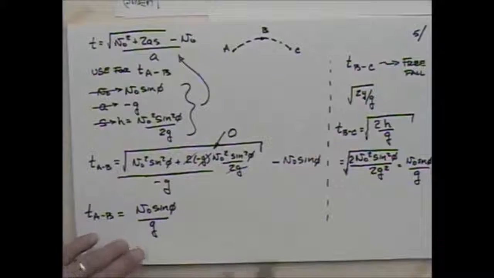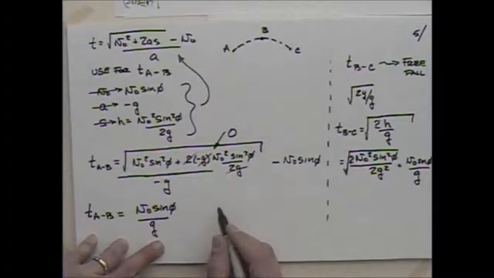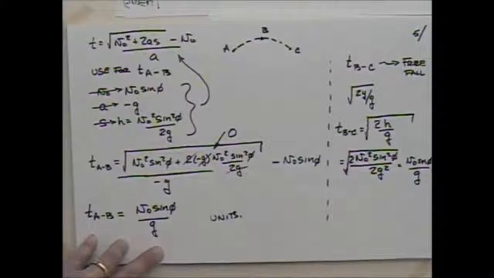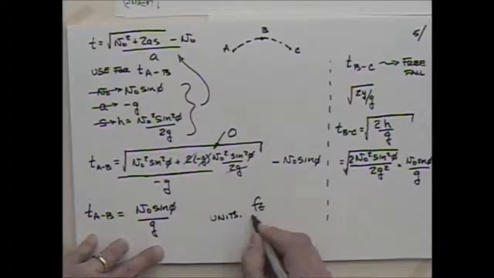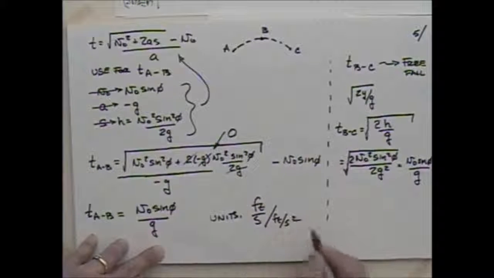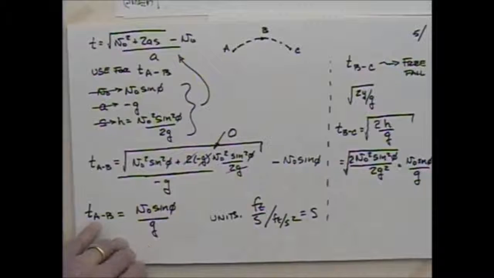Now if we were to look at either one of these in terms of units, what's a units argument going to look like on this? Maybe feet per second. Sine phi doesn't have any units, then g is going to be feet per second squared. So that turns out as seconds, right?